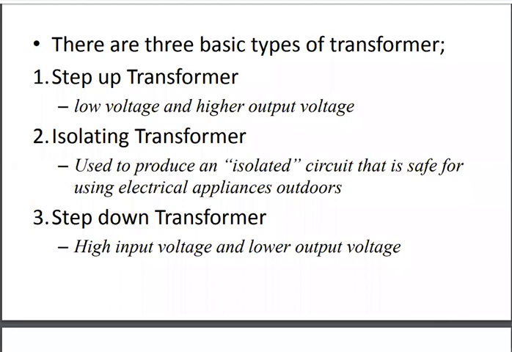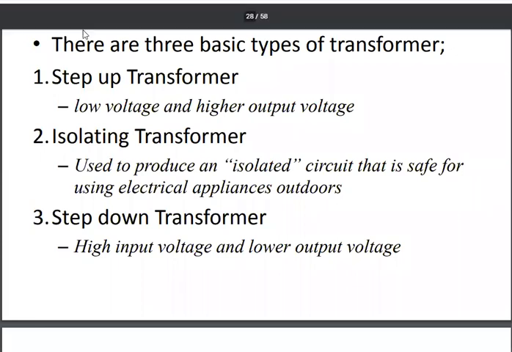The number of turns in the primary and secondary coils in a step down transformer is such that the ratio of the number of turns in the secondary coil to that in the primary coil is less than 1. Okay.